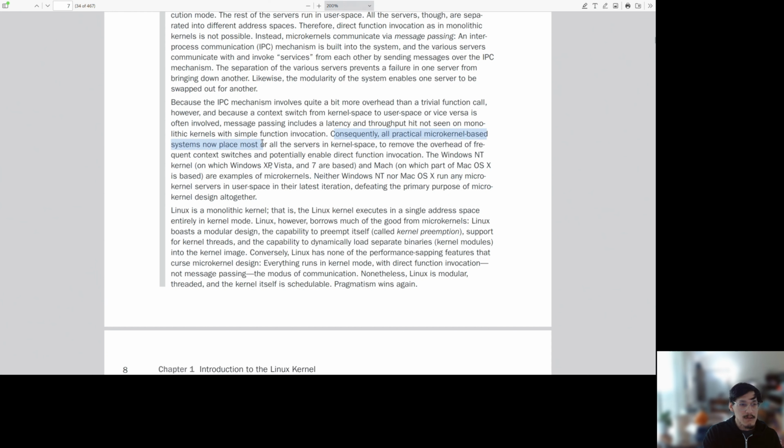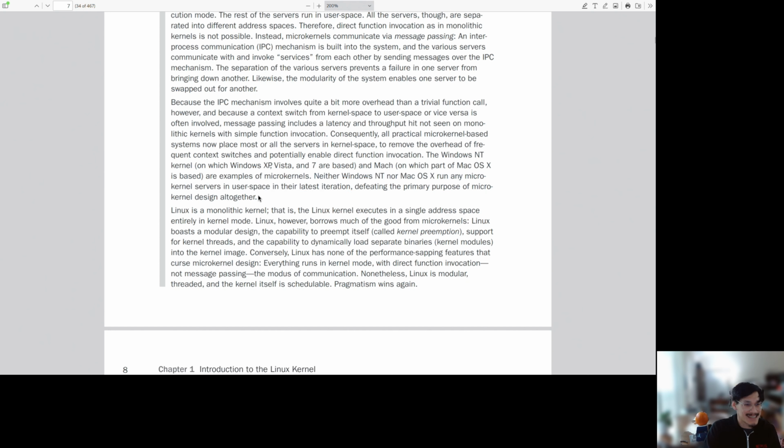Neither Windows NT nor Mac OS 10 run any microkernel servers in user space in their latest iteration. So actually, most modern microkernels now tend to lean towards having all their servers in kernel space, as opposed to having some in user space and some in kernel space, for the specific reason of performance. It seems like that ends up defeating the primary purposes of microkernel design altogether.